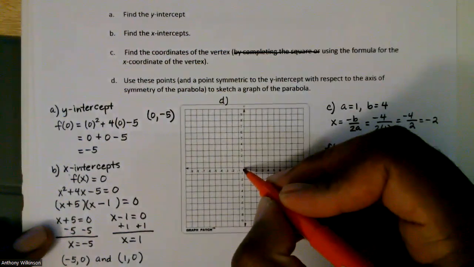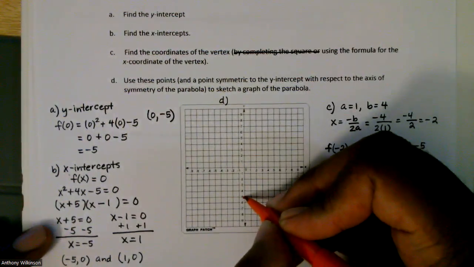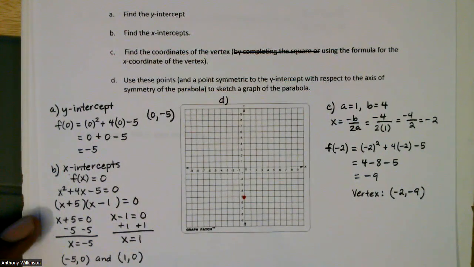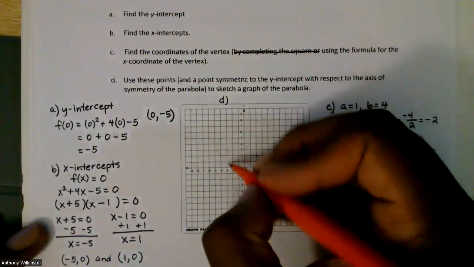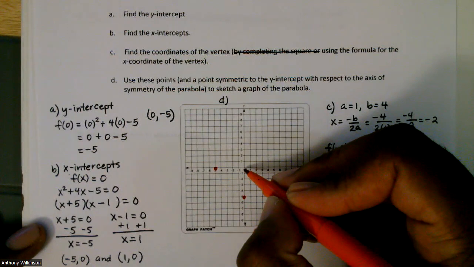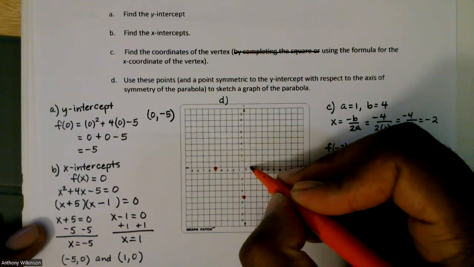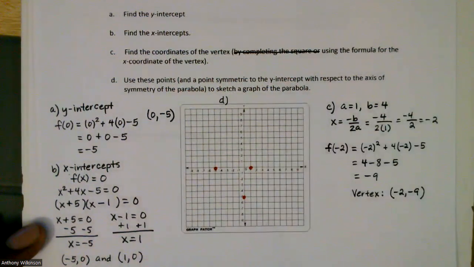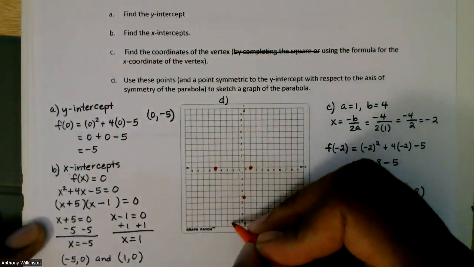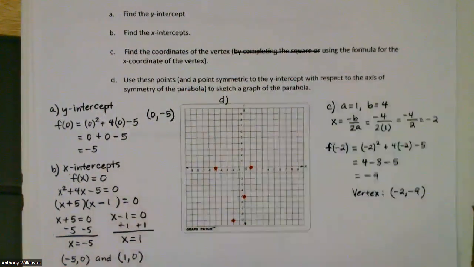So on this graph, I stay at 0, but go down 5, draw the point. My two x-intercepts are -5, 0, and 1, 0. So I go to the left 5 on the x-axis. The other x-intercept would be 1, 0. That's on the x-axis. The vertex is -2, -9. So I need to go to the left 2 and down 9 and draw that point.